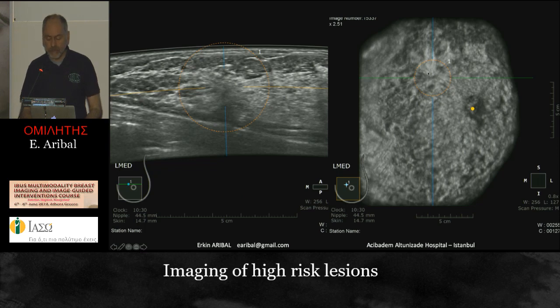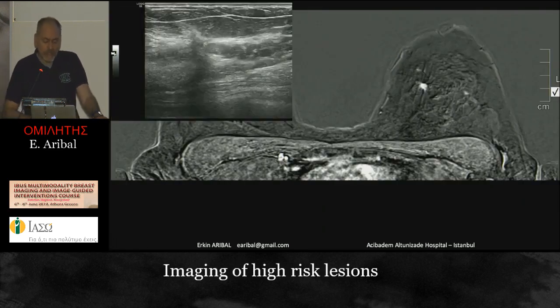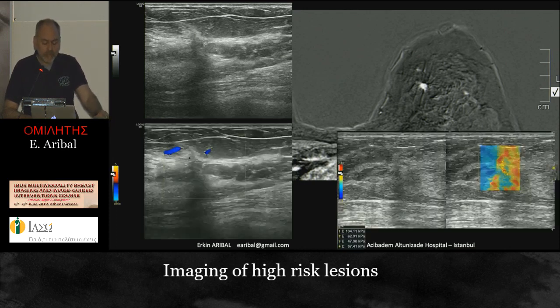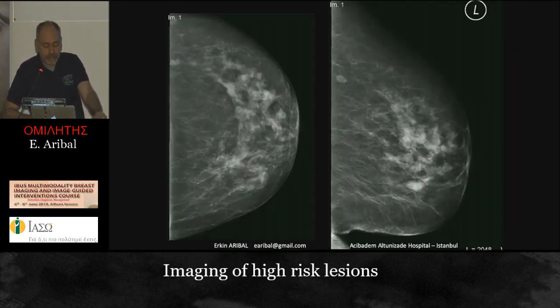So we preferred to perform an MRI, and the MRI findings showed a mass with spiculated borders, which then we made a second look, and we found it on handheld ultrasound, and the biopsy showed that it was an invasive cancer. So these may look like each other. Radial scars may look like cancers. Cancers may look like radial scars. So be very careful, and always discuss it with your radiologist and surgeon.